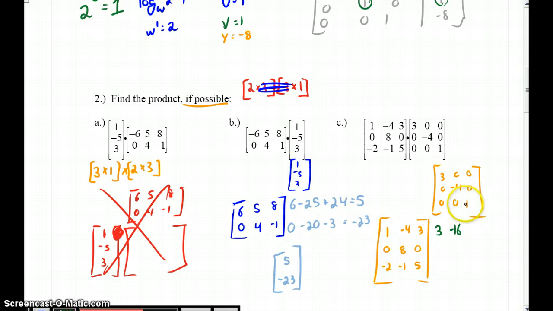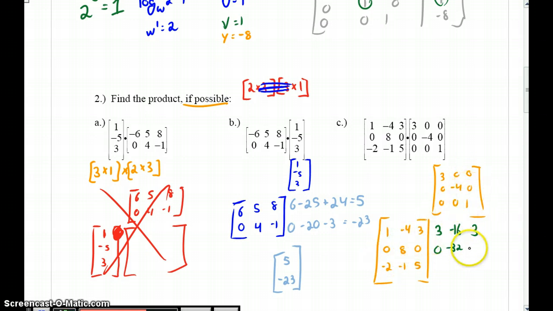Down here, the entry that goes in here is just going to be 1 times 3, which is 3, because the zeros cancel out with the 1 and the negative 4. This one right here, 3 times 0, 8 times 0, 0 times 0 is 0. 0 times 0, negative 4 times 8 is negative 32. 0 times 0 is 0.